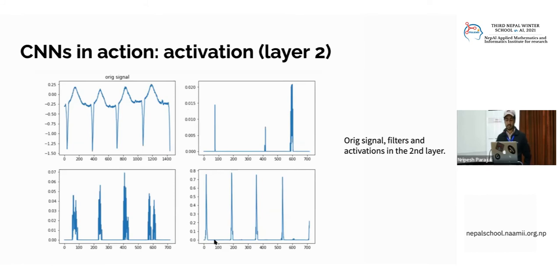A few more examples again. This is quite interesting. It has picked up some peaks, but it has ignored some. Again, I don't know exactly how that's happening, but it's quite interesting.